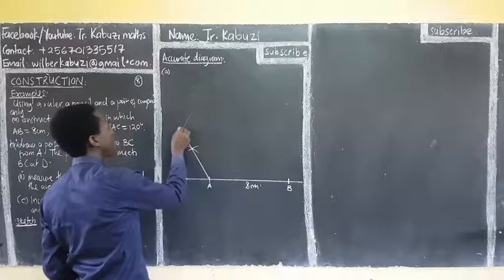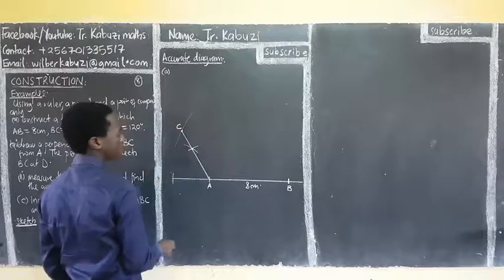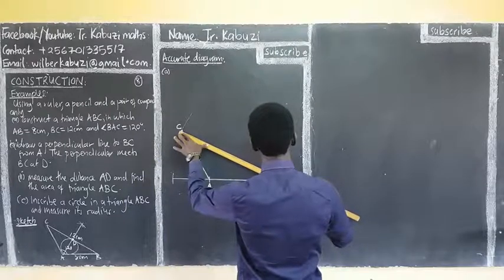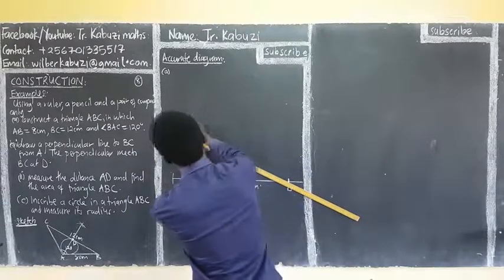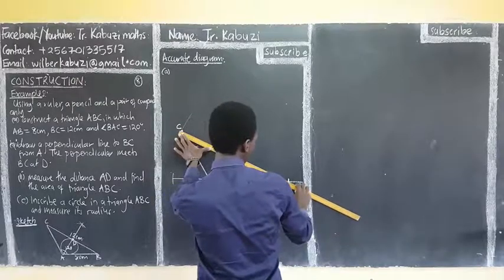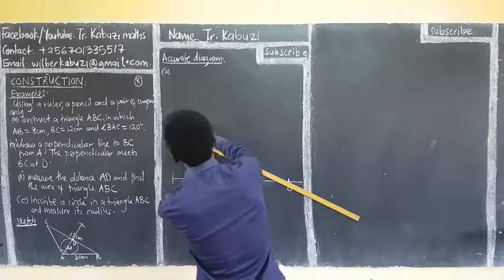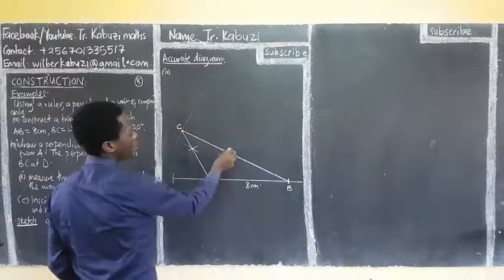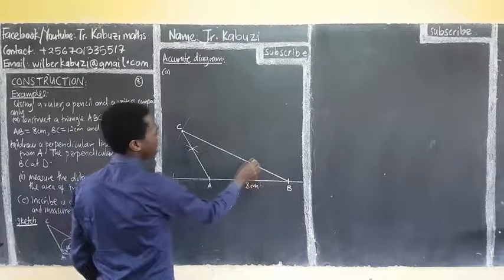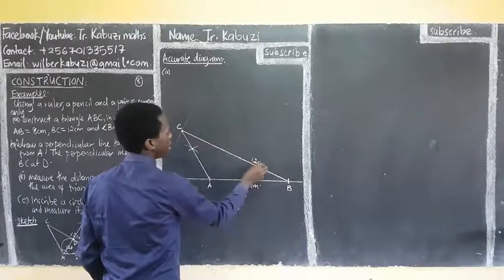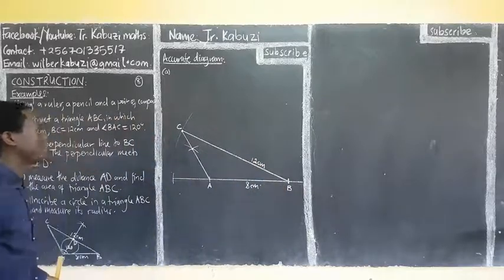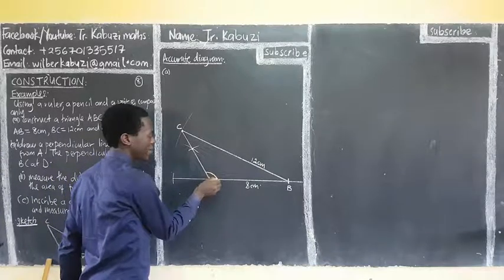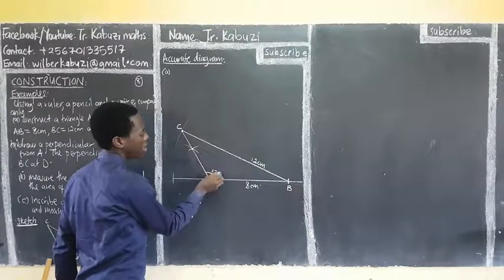This is going to be my C. Now I join it to B. From here up to here is 12 centimeters. That's the first part. If this is 60, then the balance is going to be 120 degrees.